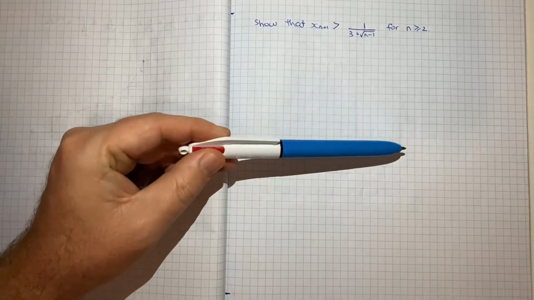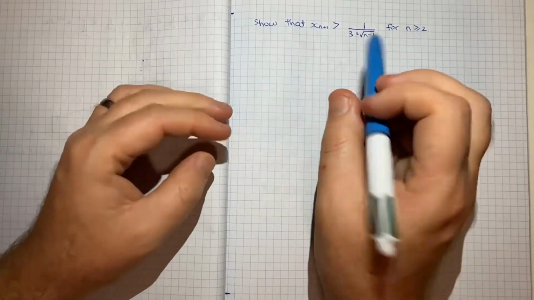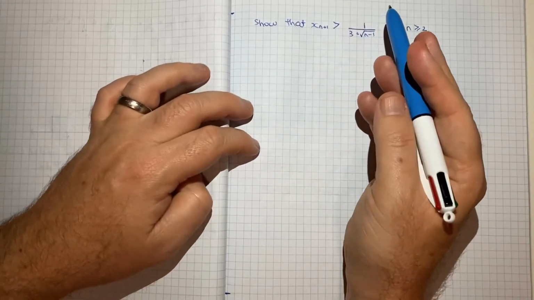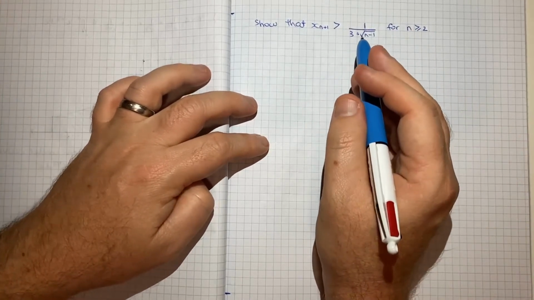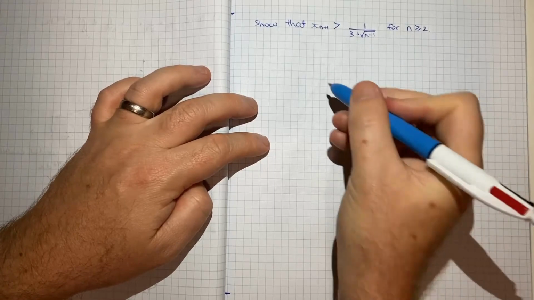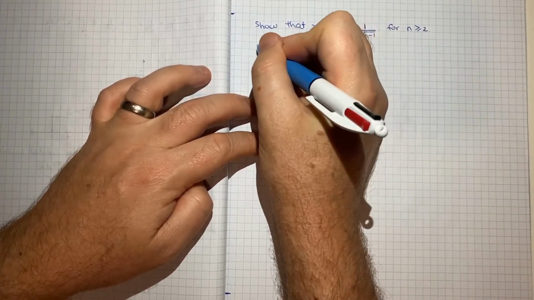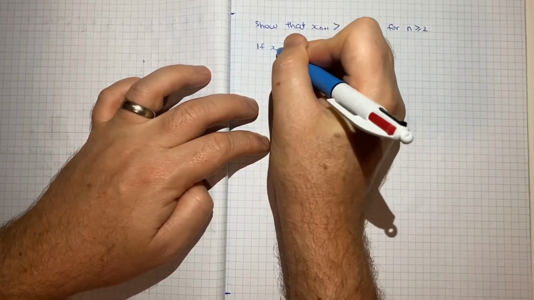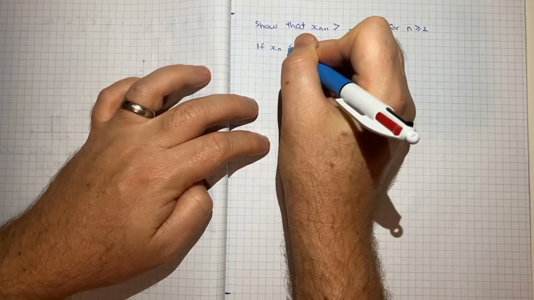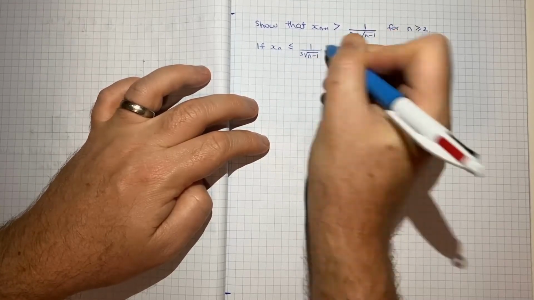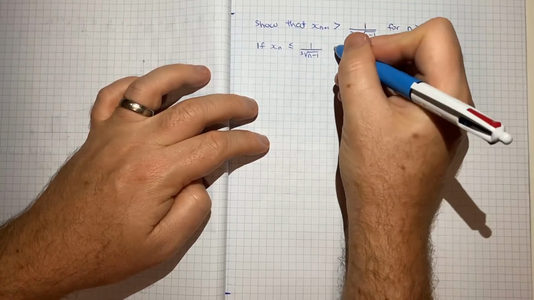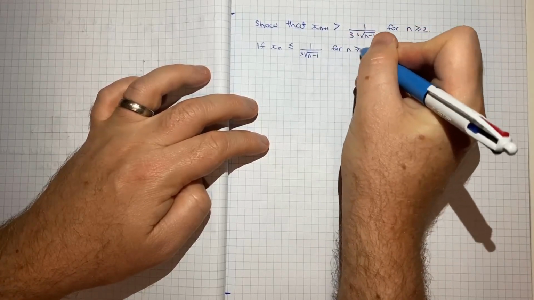What can be helpful here is to look at what we demonstrated in part 1 using induction. We know that x_n is less than or equal to 1 on the cubed root of n minus 1. That's what we've proven in part 1 for n greater than or equal to 2.